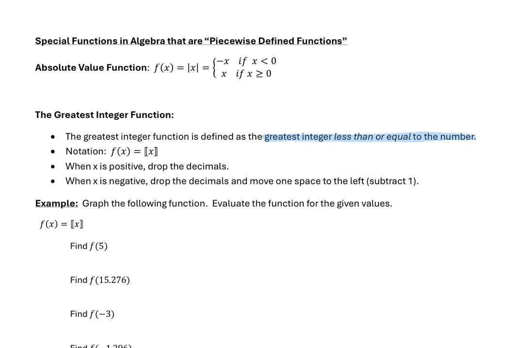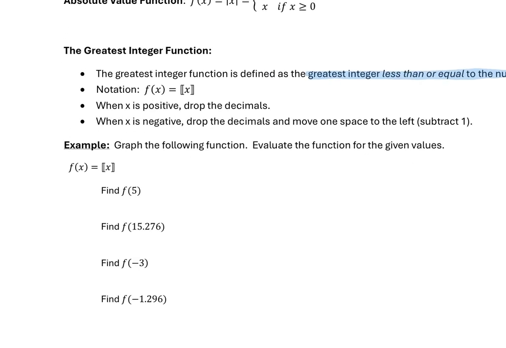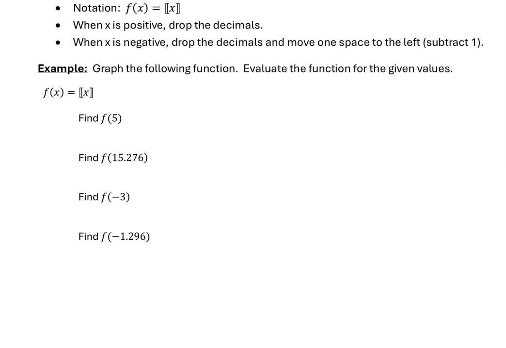All right, so now let's go ahead and see what this looks like. We're going to evaluate this and then I'll show you what the graph looks like. If we start with f of 5, we want to find the greatest integer that is less than or equal to 5. This is an integer, and so f of 5 is just equal to 5.